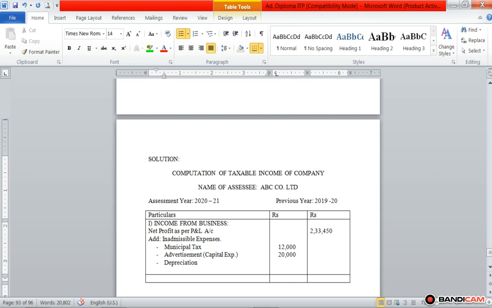But here we directly add all the depreciation charged on the debit side of the profit and loss account, that is 45,000, and then we deduct the whole amount of depreciation, rupees 50,000, from net profit.